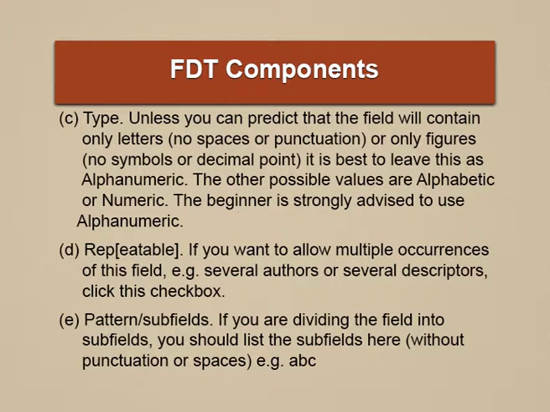Then comes the pattern and subfield. Here we have to actually declare different subfields related to a particular field. I have already given you an example: suppose you are using MARC 21 as the content designator standard, and you consider the tag for title and statement of responsibility, which is 245.